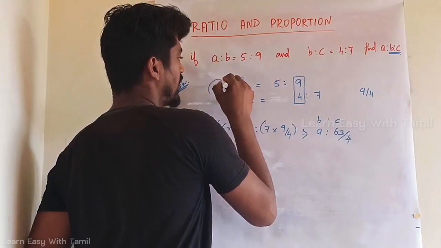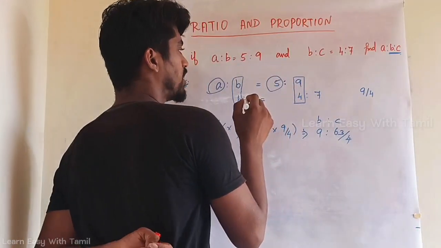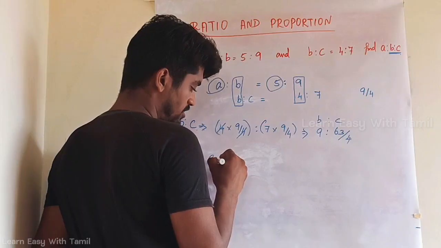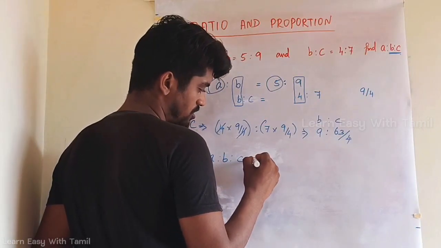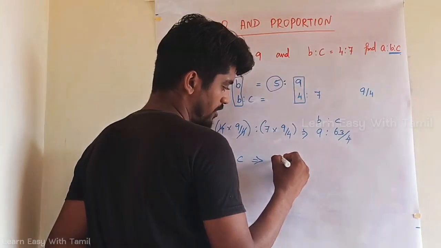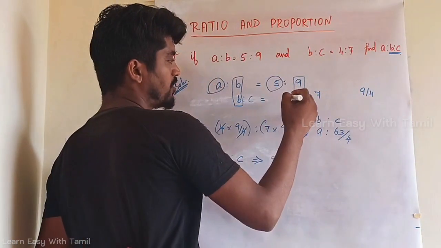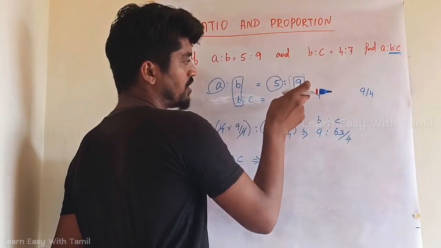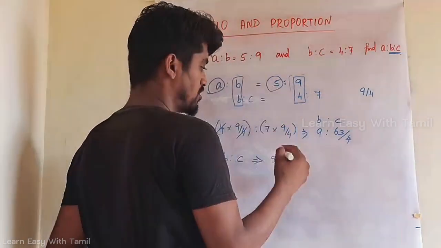So here the A value is not disturbed and A is given only one time. So we have to write in the format of A is to B is to C is equal to, then the A value is 5 is to, and the B value, which can be merged with this B is to C ratio, we can find the values.